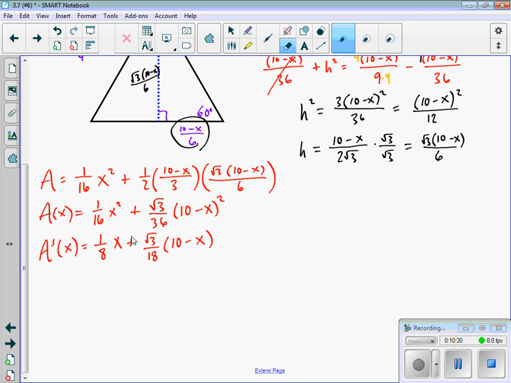And this one I have to multiply by -1 because of the chain rule, so I'm changing the sign here. So if you're wondering where that negative came from, it's because I have to multiply by -1 back here. Does that look okay to people? And then set it to 0.